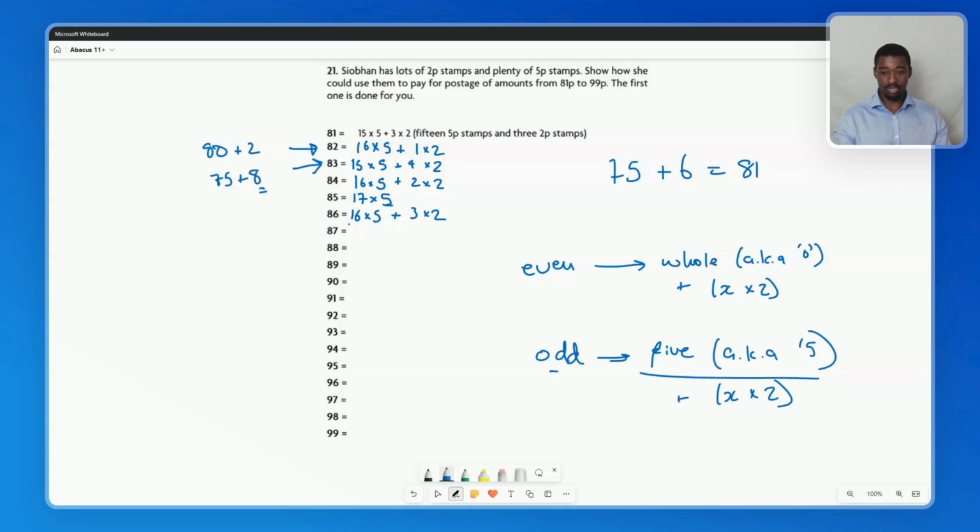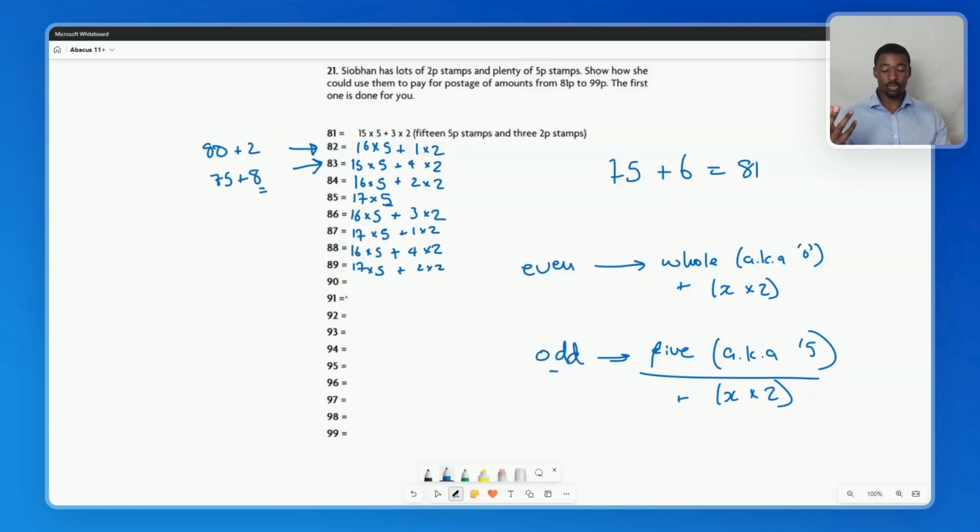It's an odd number. Go to 85 with 17 times 5, then add on 1 lot of 2. 88. Well, here we're going to go to the 80, 16 times 5, add on the 8, so 4 times 2. 89, we're going to go to 85, 17 times 5, add on the 4, 2 times 2.